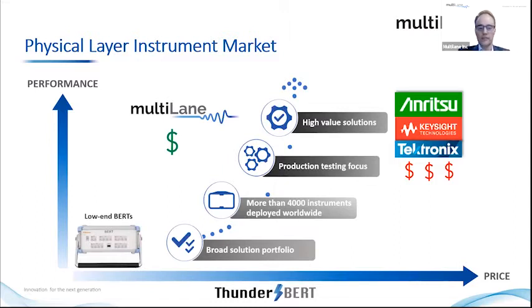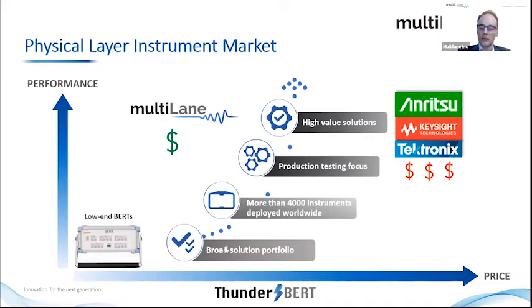We currently have thousands of instruments deployed worldwide for multiple years, so we have a pretty big install base all around the world. You'll typically see our black and blue, which is the new color scheme of MultiLane. We used to have a production testing focus, but these days we also see that we are being used more and more in R&D and development activities.